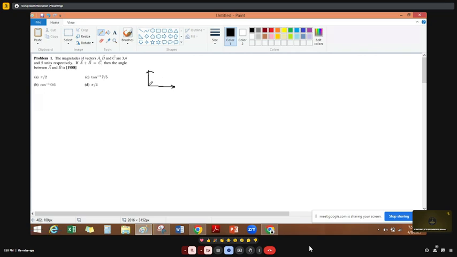If you want A plus B, it will be like this, right? This is B vector, this is also B vector, this is A vector. According to the triangle law or parallelogram law of vectors, I can say that this will be A plus B, so this will be your resultant C.